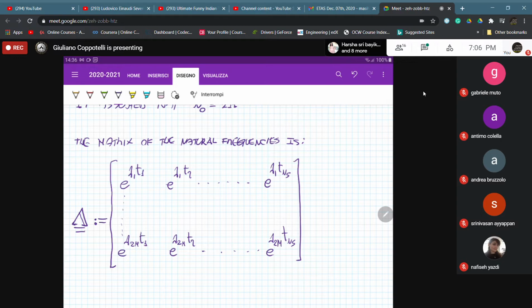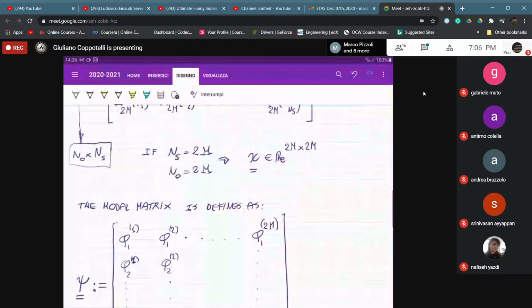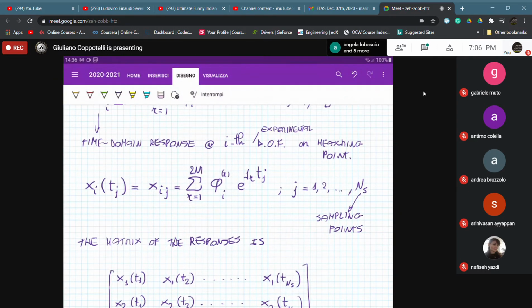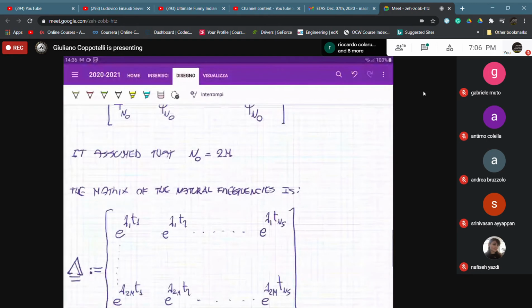Now, if you compare the previous equation that is giving you the time responses, here it is, with these definitions of the matrices, we can have a more compact way of expressing your free responses, evaluated at the ith degree of freedom at a given time instant tj.